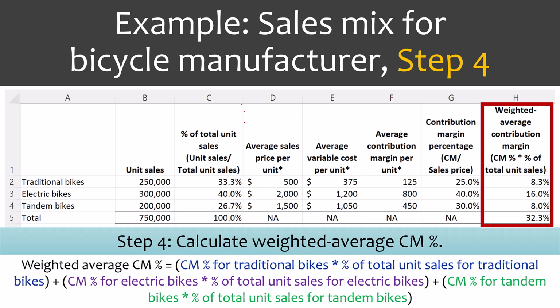We're going to do the same thing for electric bikes. We're going to take 40% times 40% and get 16%. And then finally, for tandem bikes, we're going to take 30% times 26.7% and get 8%. So our weighted average contribution margin turns out to be 32.3%. We would add those three numbers together.